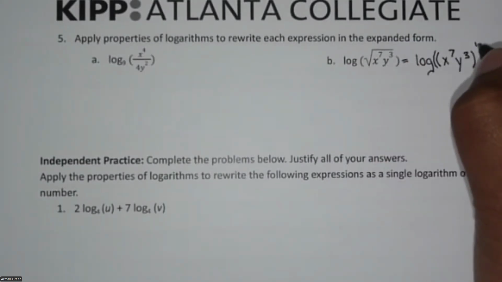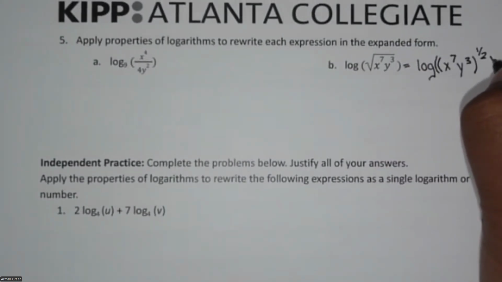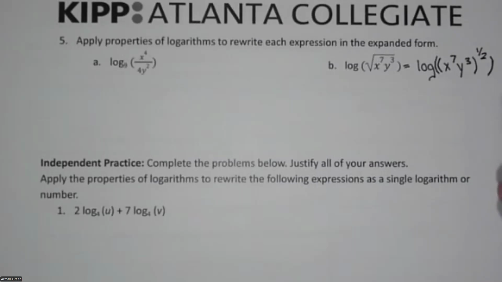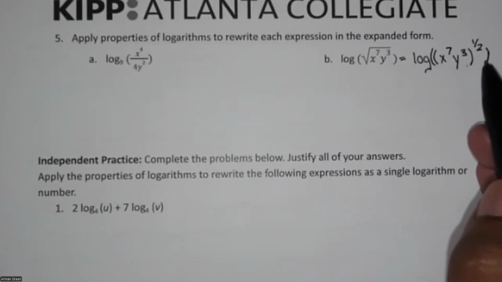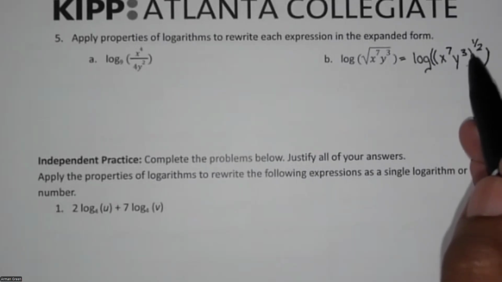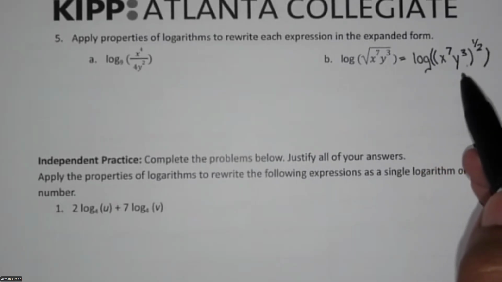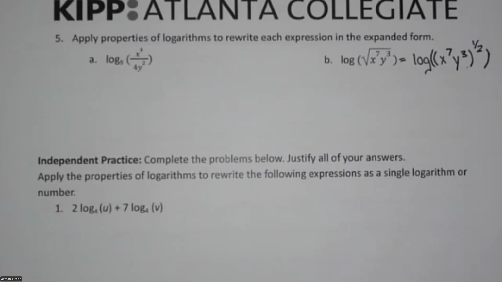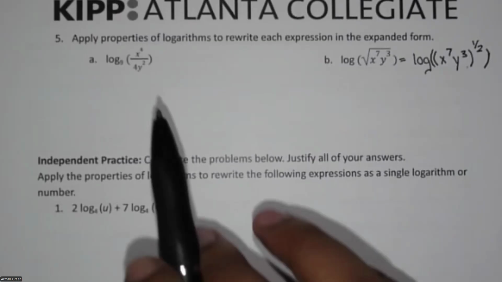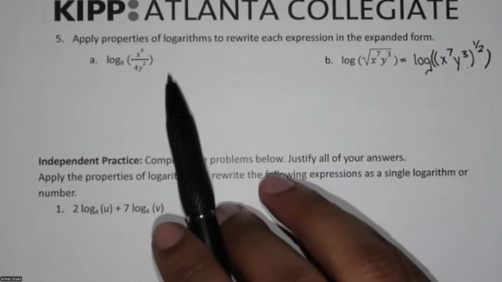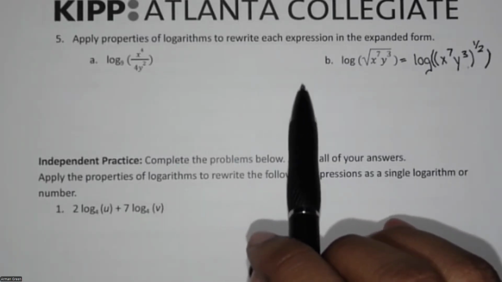The square root is the same thing as having an exponent of 1/2. So this will probably be a little bit easier for you to compute. Now I'm going to give you a couple of minutes, maybe 5 or 10 minutes, to try it on your own first, in which I want you to see if you can simplify these logarithms provided.